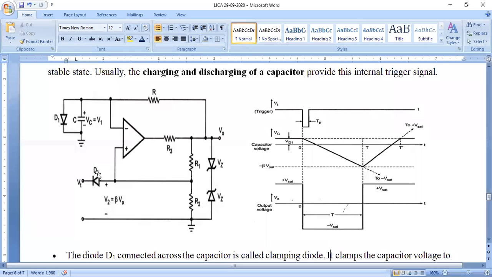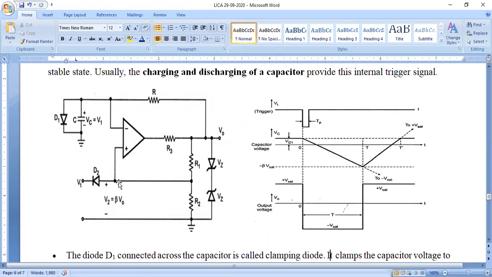See very carefully here. This diode D2 only allows negative triggering pulses. For a negative triggering pulse, the diode will be in forward bias condition. For positive magnitudes, the diode will be in reverse bias condition.